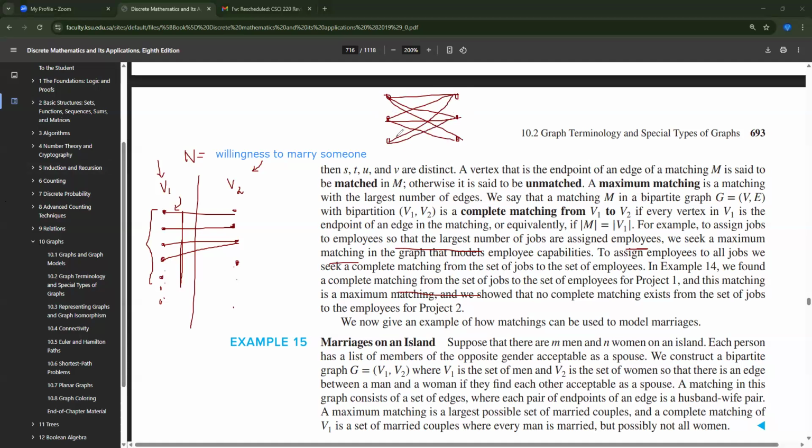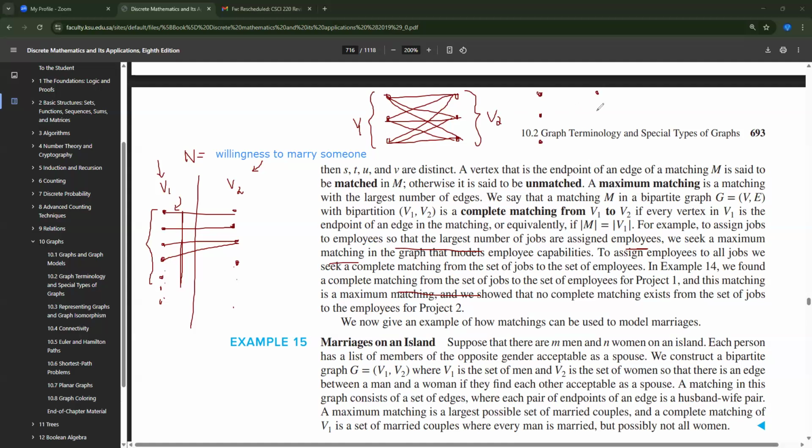You have all the possible edges made, and it's still bipartite because this is V1, this is V2, nothing within V1 is connected with each other, and nothing in V2 is connected with each other. This is a maximum matching. A complete maximum matching is all the vertices in V1 connected with all the vertices in V2?